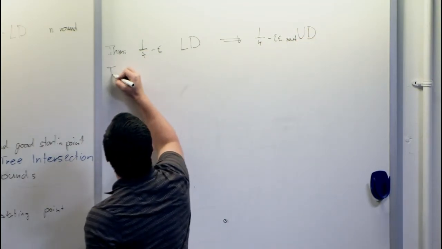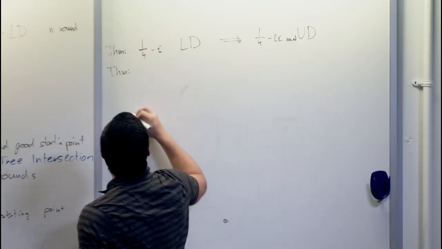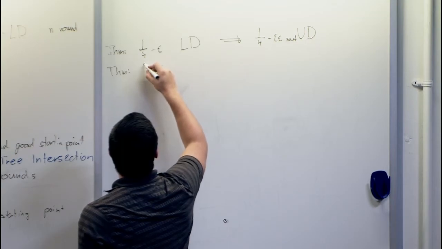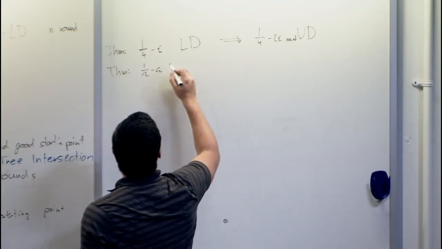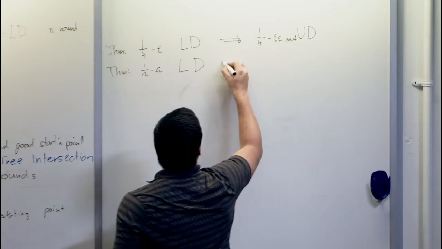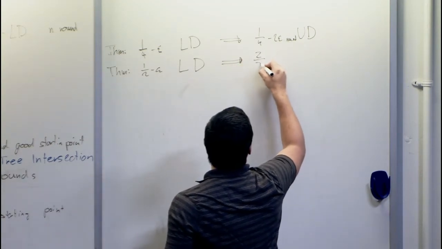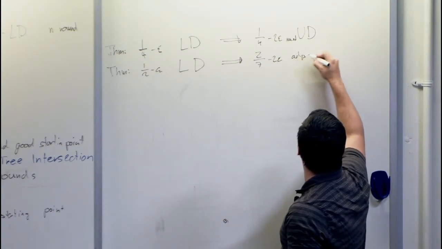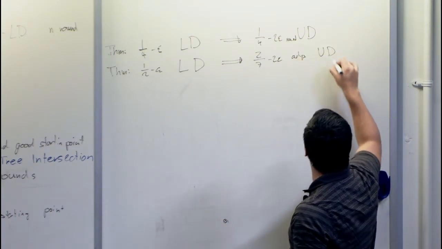The other things are basically the same reduction, just the proof is a little bit more complicated. If we get an optimal list decoder, a 1 minus epsilon list decoder, then we can also get a 2/7 minus 2 epsilon adaptive unique decoder.